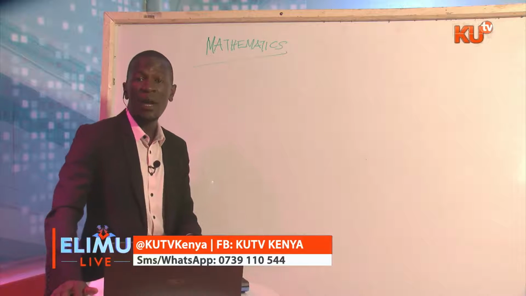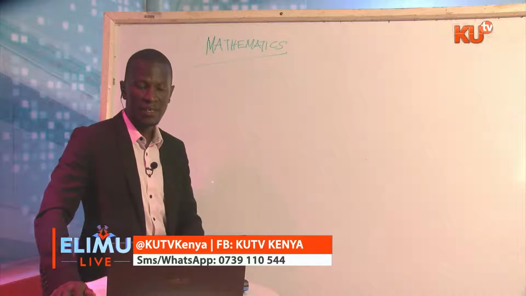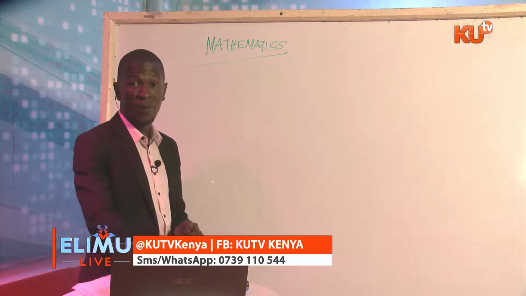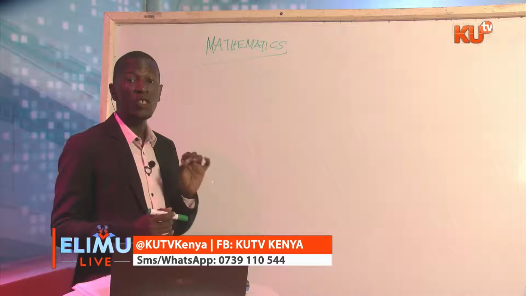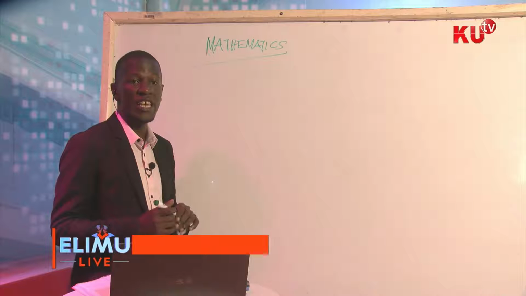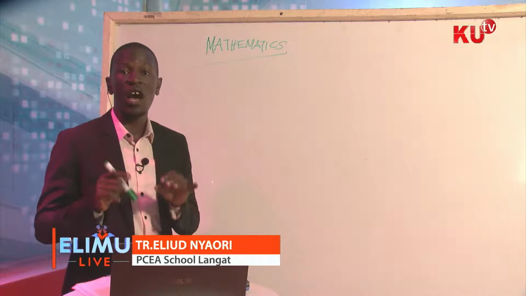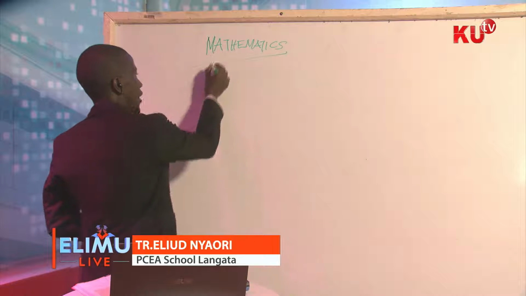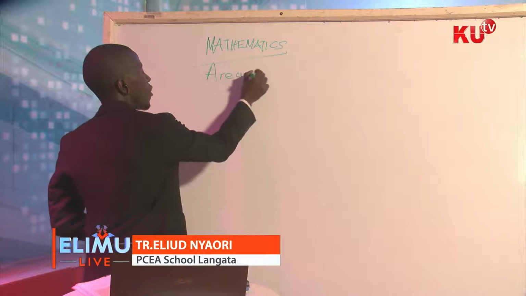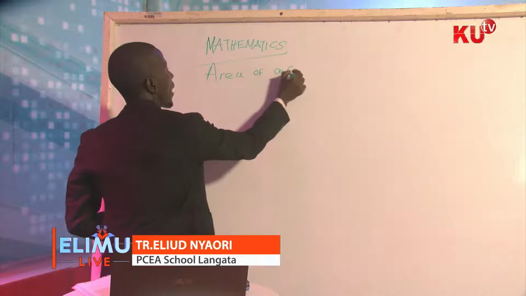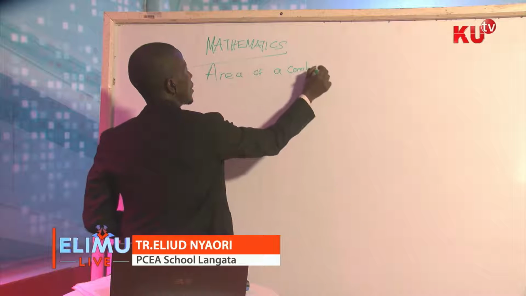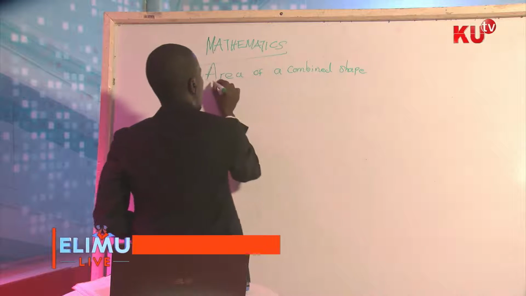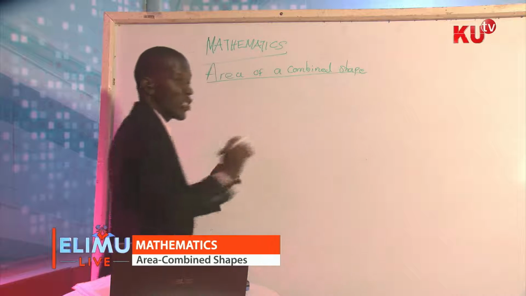Having known that, I want us to go straight to today's lesson, and we'll start by looking at the area of a square. Remember, our main topic today is the area of a combined shape. So we can note something down: area of a combined shape. That is what we are dealing with today.